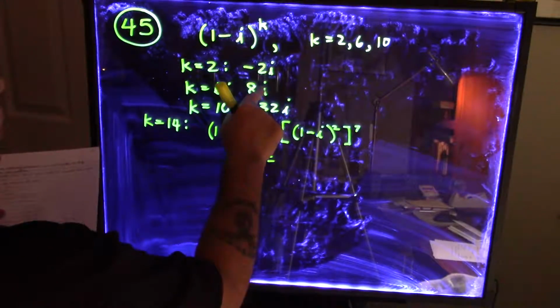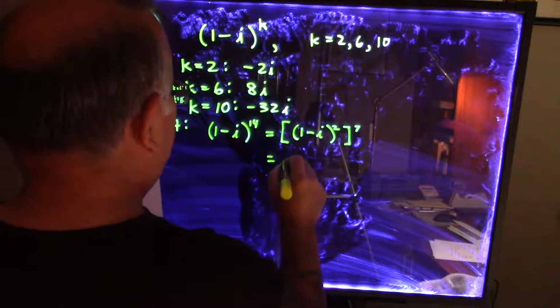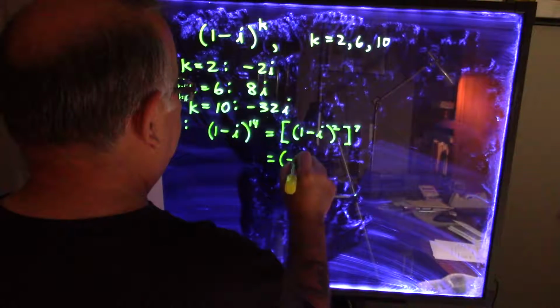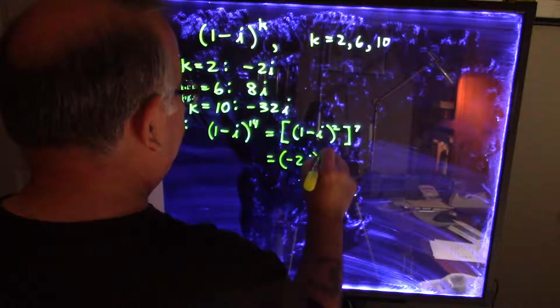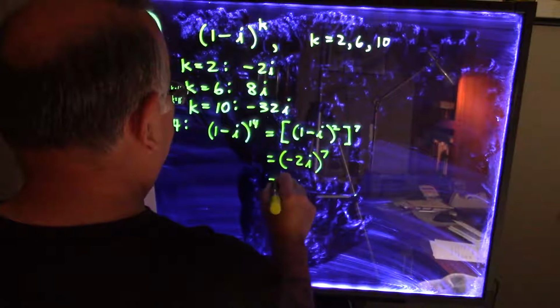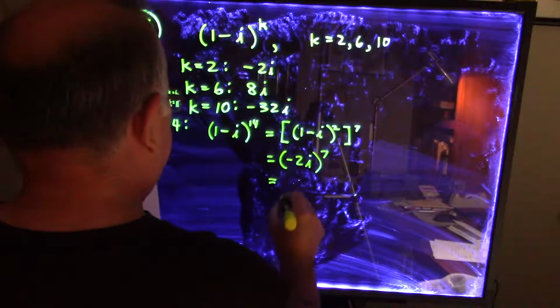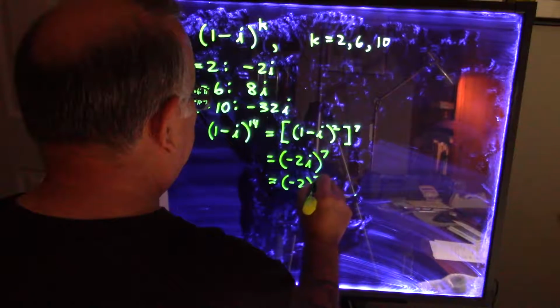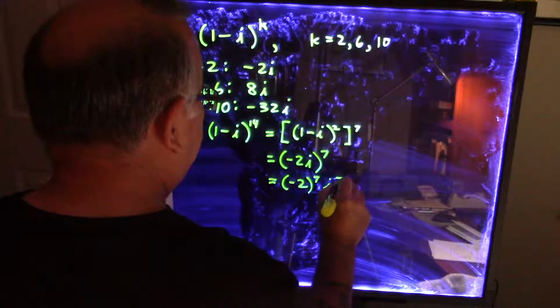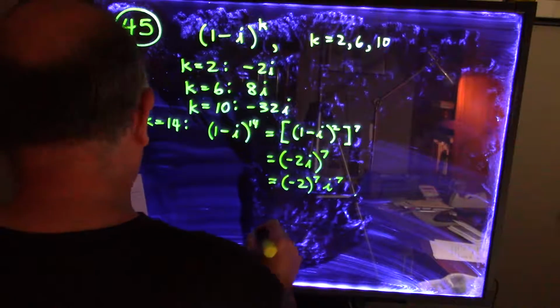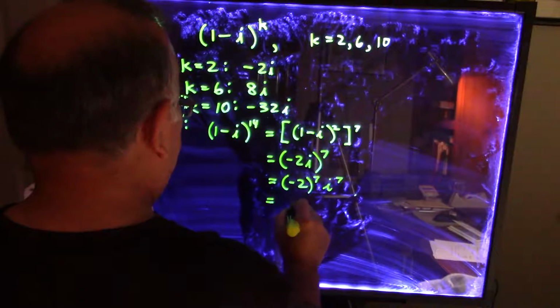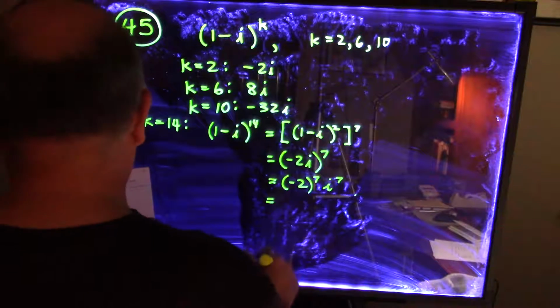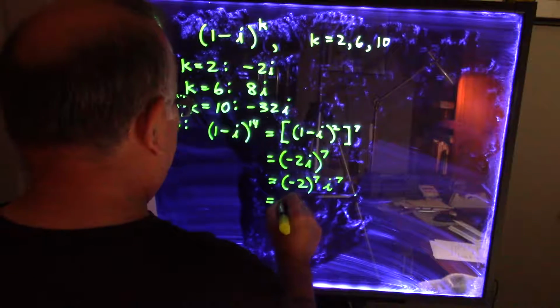That's when k equals 2. So that's -2i, saving us a little work there, to the 7th power. And that's equal to -2 to the 7th times i to the 7th. You can use a calculator with this: -2 to the 7th is -128.